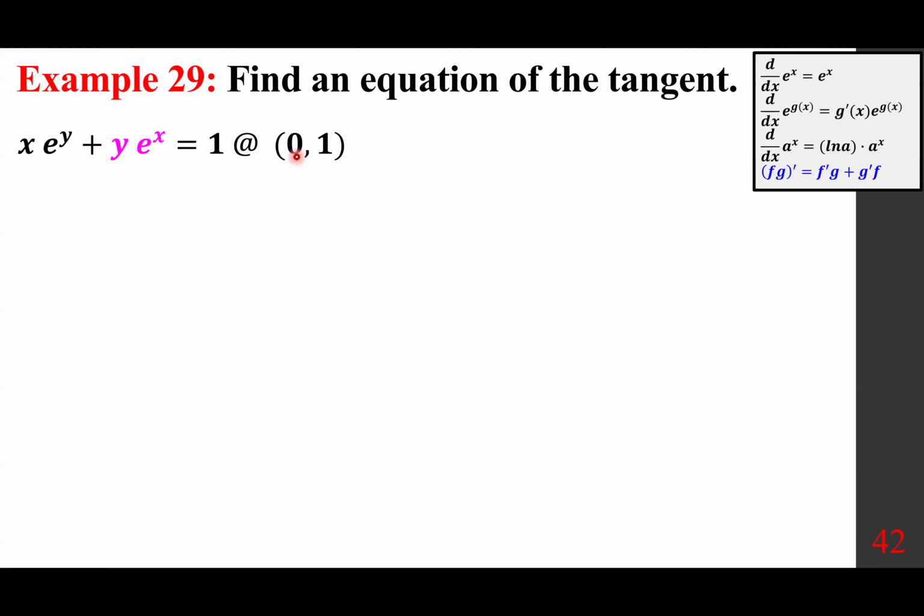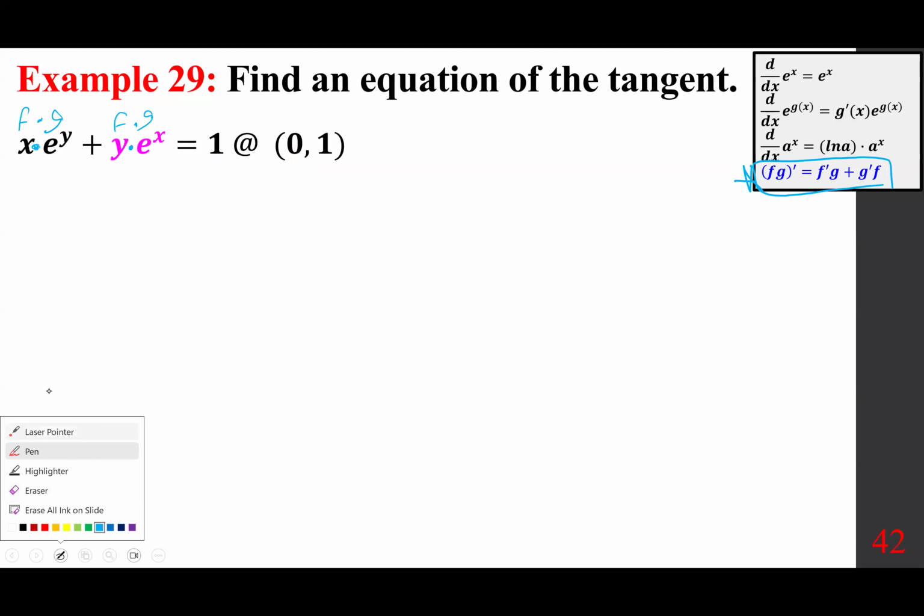And so what we are looking at is the product of these two pieces using the product rule, and then these two pieces, the product rule. Okay, so let's start with the first one.